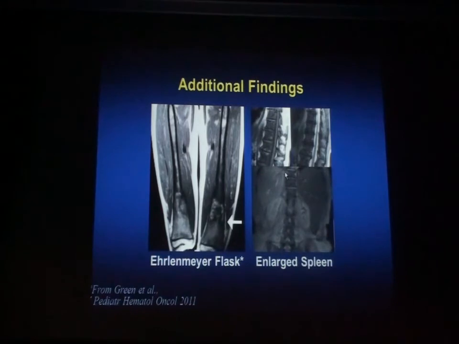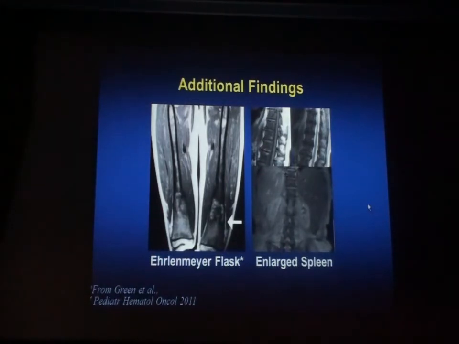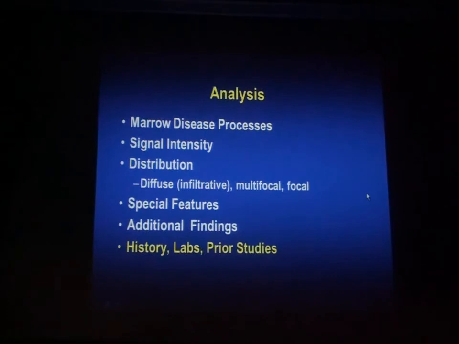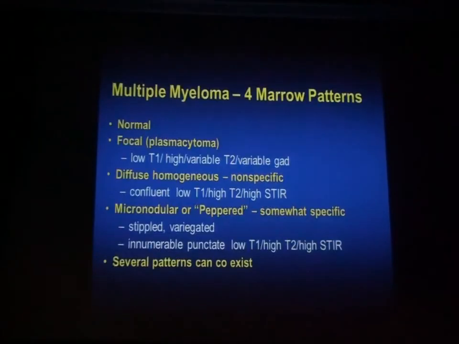In this case, the patient also had an enlarged spleen. So on the right, we're looking at somebody with Gaucher's disease, and on the left, we're looking at somebody with myelofibrosis. All right, so continuing with our analysis, I would be remiss if I didn't say that it's very important to have the history, to have information about the labs, and to look at prior studies. Let's look at a few cases.